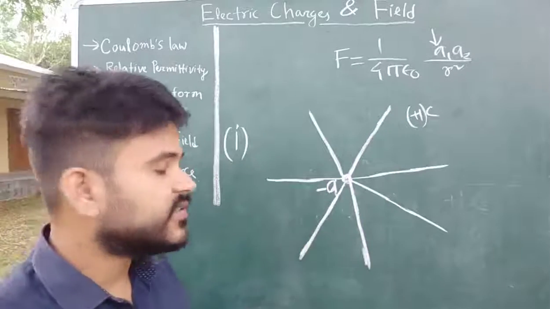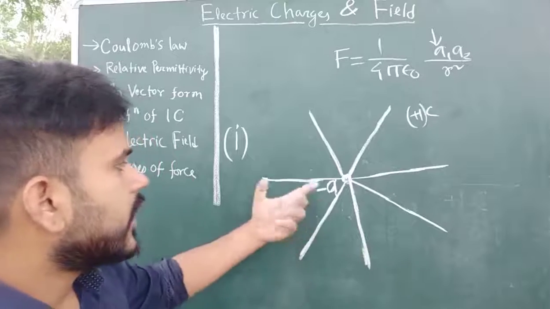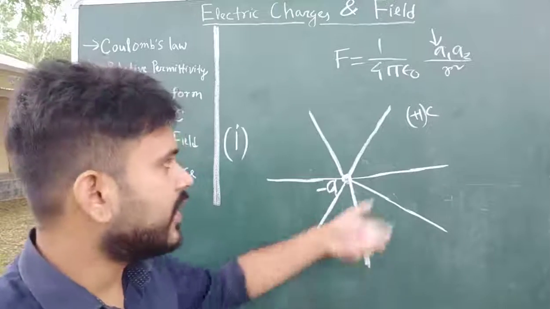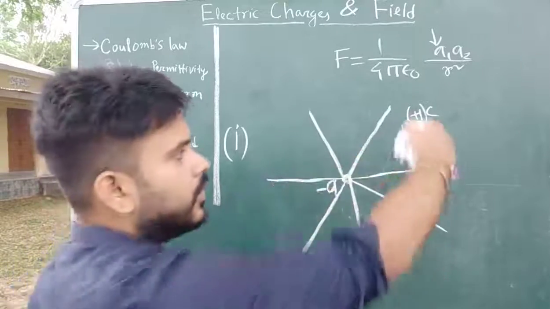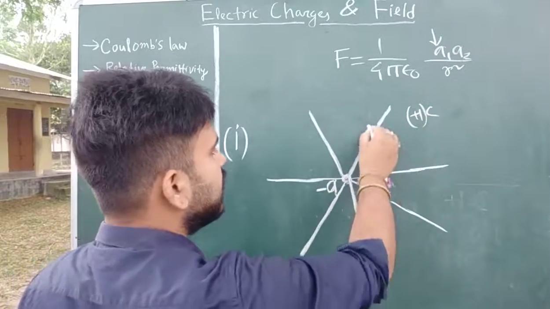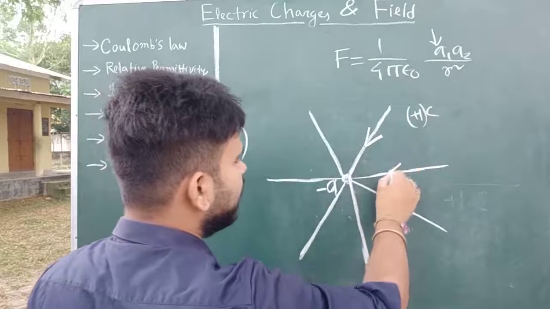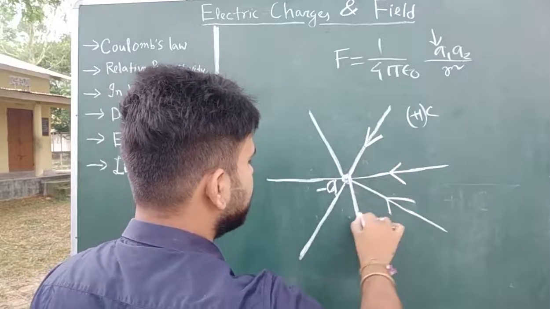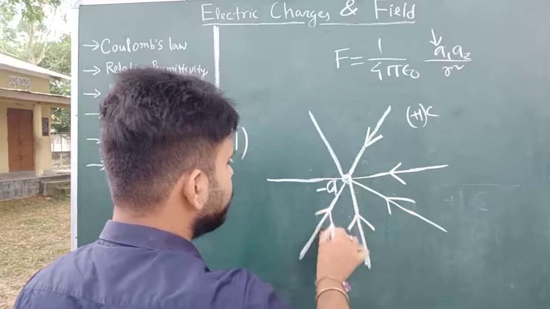We need to understand that a negative charge will attract the plus 1 coulomb charge. That means the direction of the electric field in this case is radially inward.